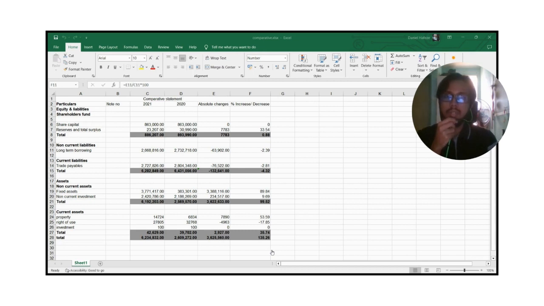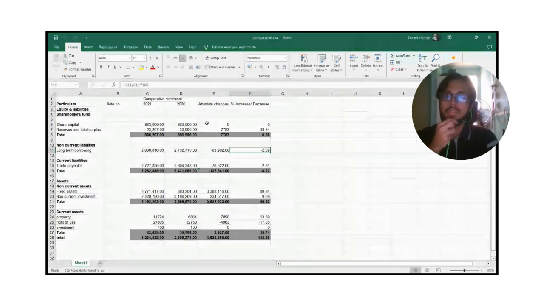What I'm showing right now is the company's balance sheet that I have written down and calculated. We will start from the top until the bottom, and see how to calculate to get the answer right here. After you have put down all the assets, shareholder equity, and liability, here I will tell you how to calculate absolute change.